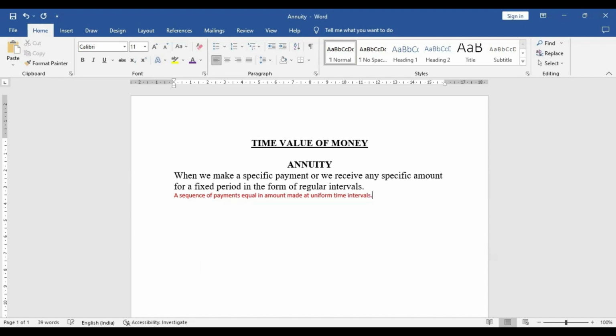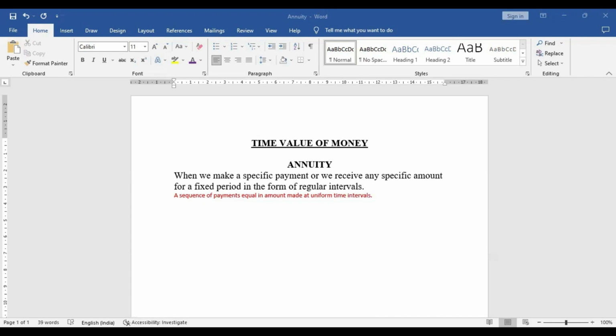This can be considered the concept of the annuity: either we are making the payment or receiving the payment at regular intervals, the amount is fixed, and the interval is fixed for a specific period.